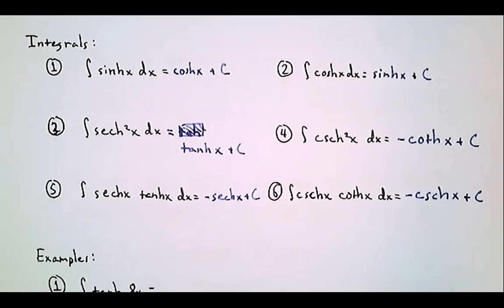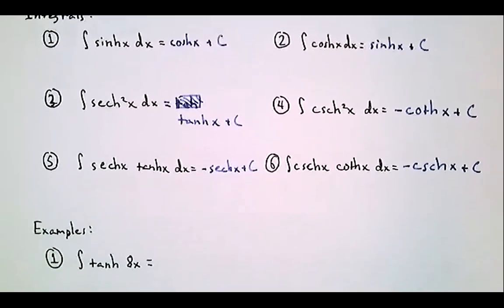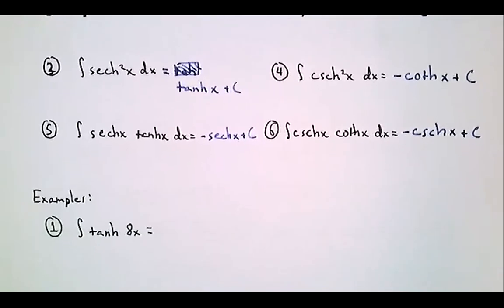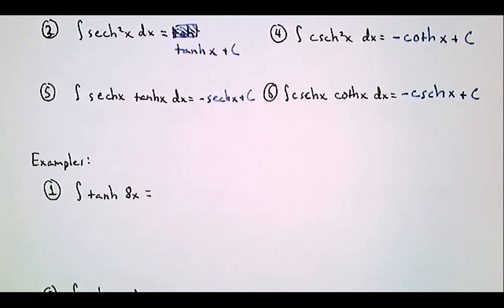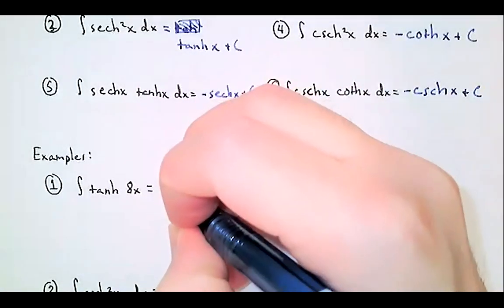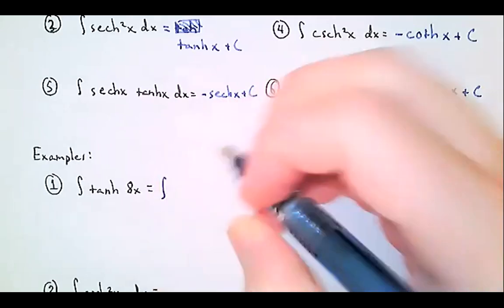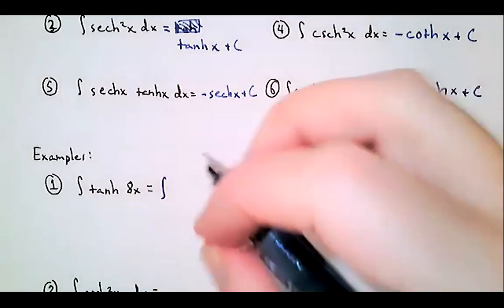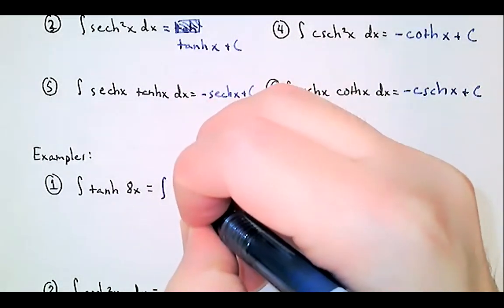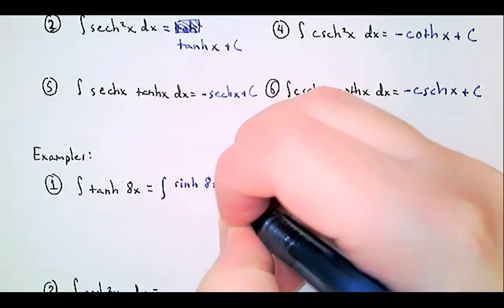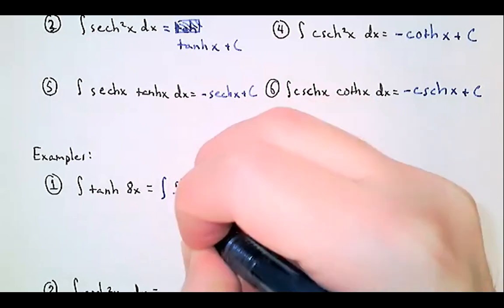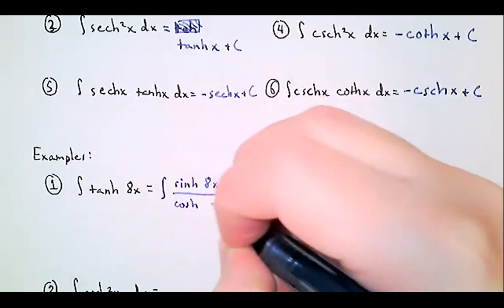So we're going to have to be a little bit creative in this example. And we're going to do the same kind of thing that we did to integrate the tangent function. We're going to rewrite hyperbolic tangent as hyperbolic sine over hyperbolic cosine. So this is sinh of 8x over cosh of 8x.